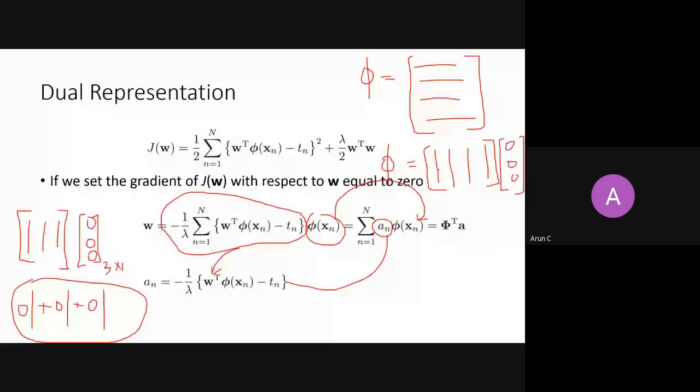This is the AN vector, right? And this matrix is phi transpose. So you can write phi transpose A, and it is nothing but the sum of all those samples weighted by AN. Is this making sense to you guys? Phi transpose A, can we write it this way? Yes or no?